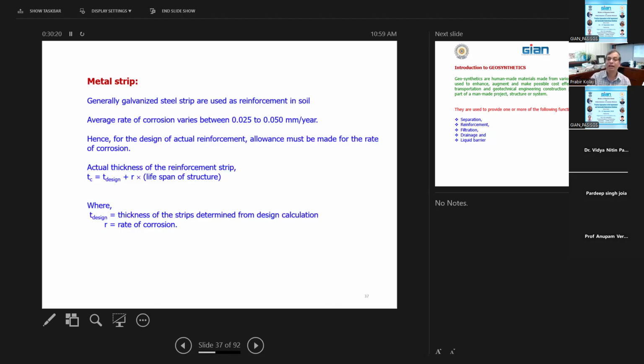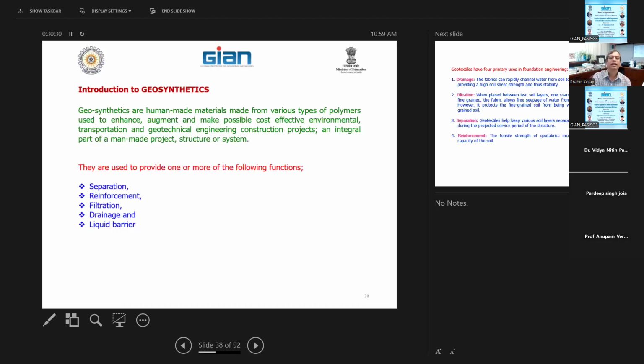Although we know that metal strip is going to deteriorate, people in the US, at least I know, still use metal strip instead of geotextiles or geogrid. So I'm just going to talk a little bit about geosynthetic material. Geosynthetic materials, the balance.